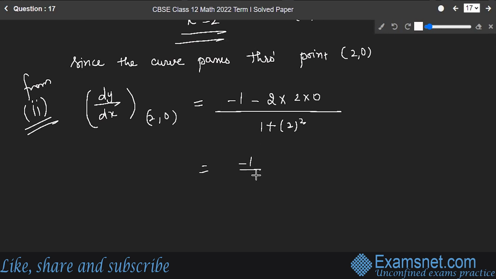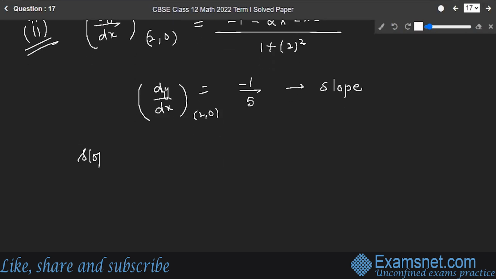That makes minus 1 upon 5. Now dy by dx at this point represents nothing but the slope. So slope of the tangent to the curve is minus 1 by 5.